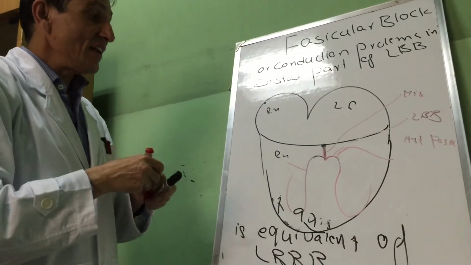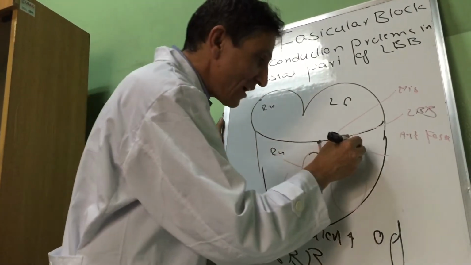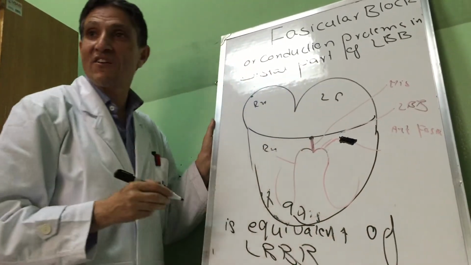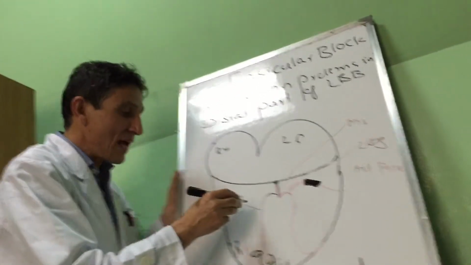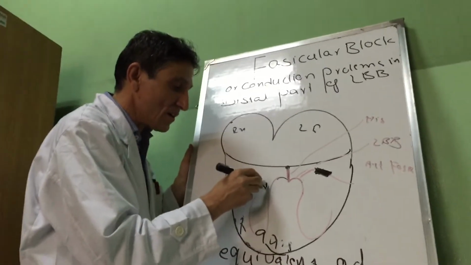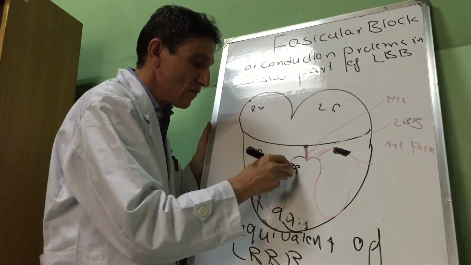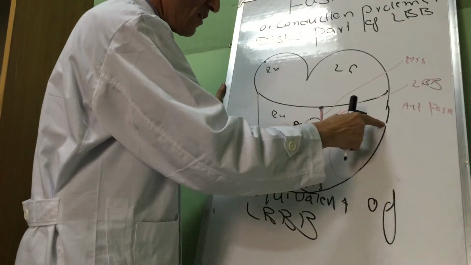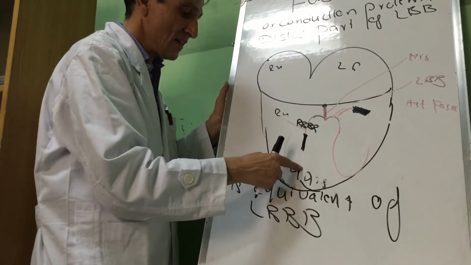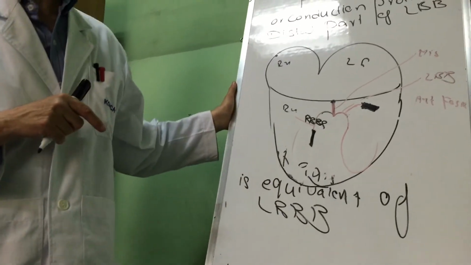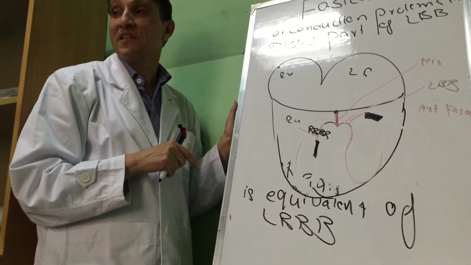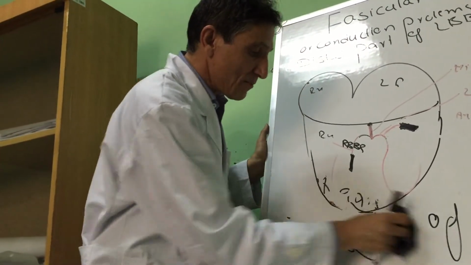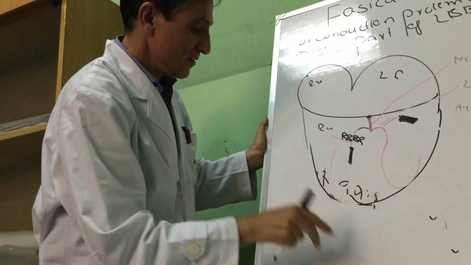This time, there is a combination of the anterior fascicular block plus right bundle branch block. Anterior fascicular block plus right bundle branch block is called bifascicular block.